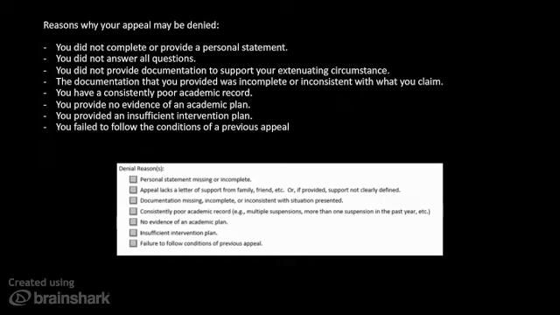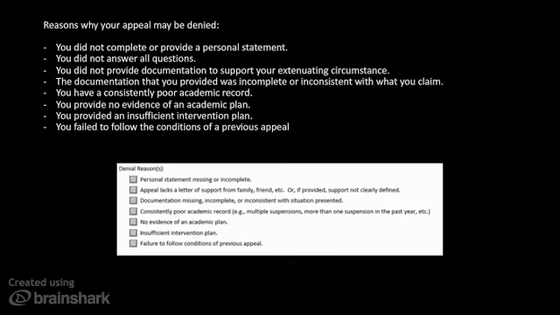When an appeal is denied, many times the students would like to know why. In this slide, I am providing you information for the reasons why appeals are denied. An appeal may be denied because a student did not complete or provide a personal statement. An appeal may also be denied if a student does not answer all questions.